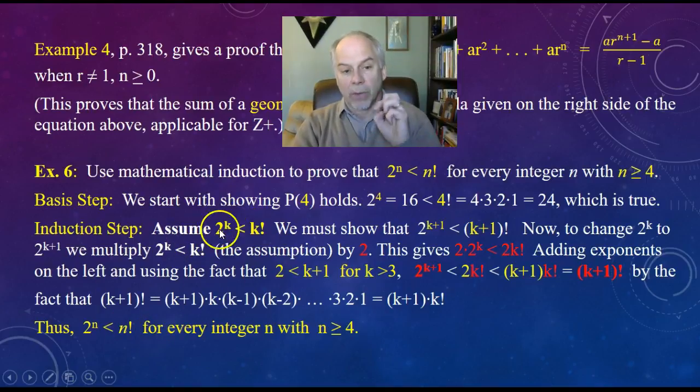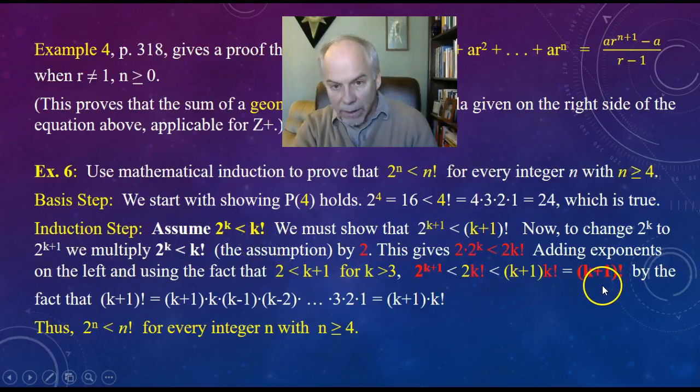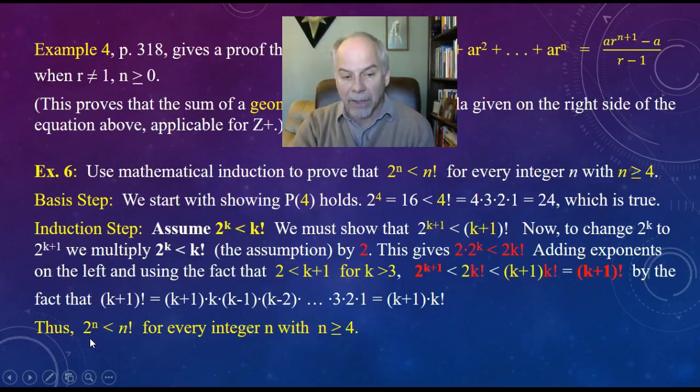And so we've shown the induction step, that if it works for the kth term, then it's going to work for the k plus 1th term. And so now by the principle of mathematical induction, 2 to the nth power is less than n factorial for every integer n greater than or equal to 4.